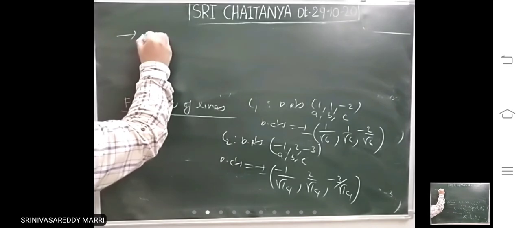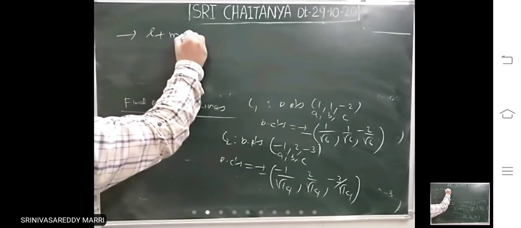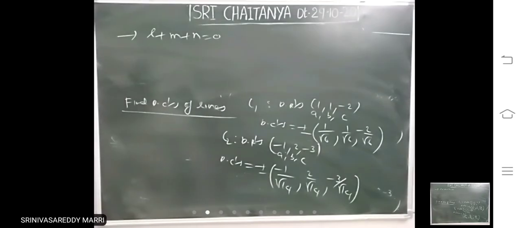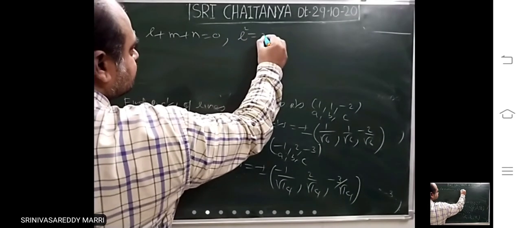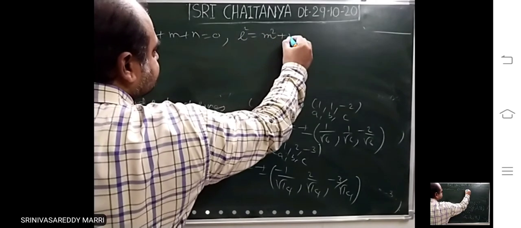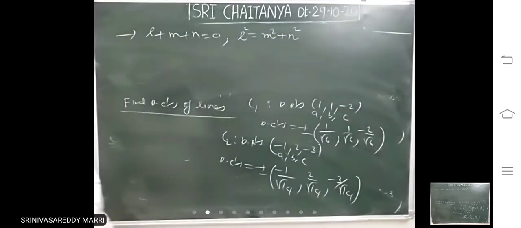Suppose same type of model, DCs are connected by these relations. These DCs satisfy, for two lines DCs satisfy these relations.